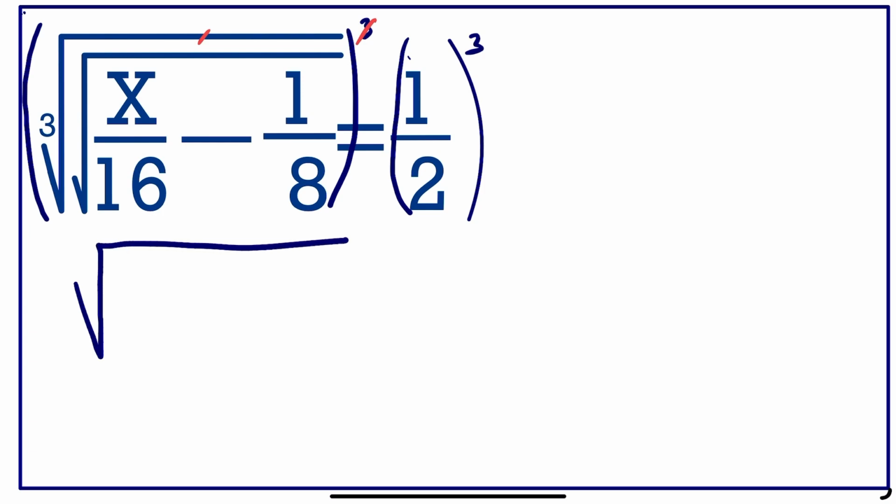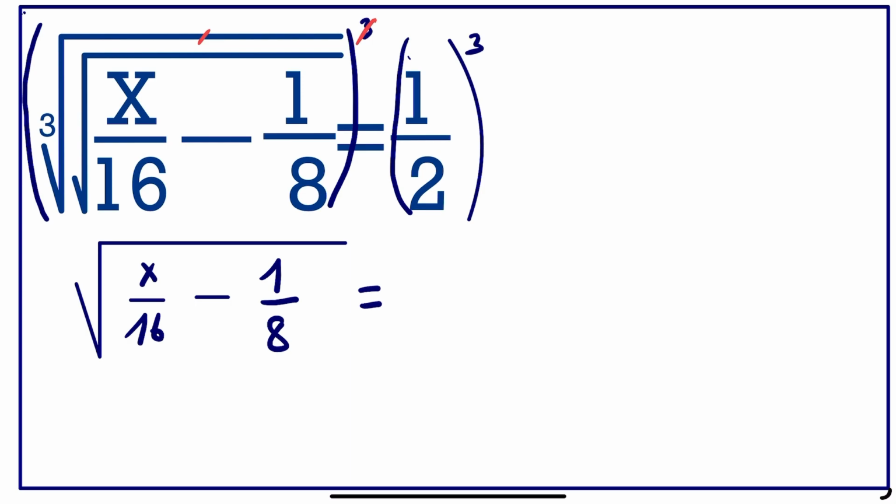the square root of x over 16 minus 1/8 should be equal to, we know the law of indices. If we have a over b to the power m, it is the same as a^m over b^m.